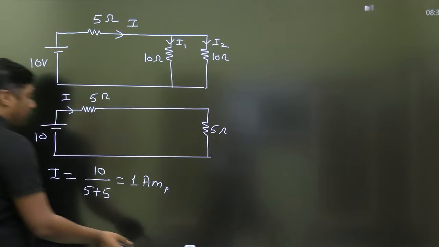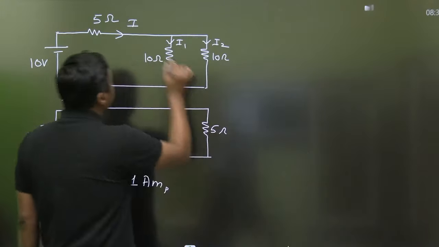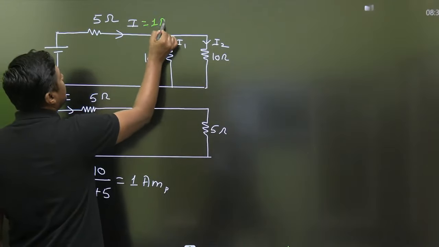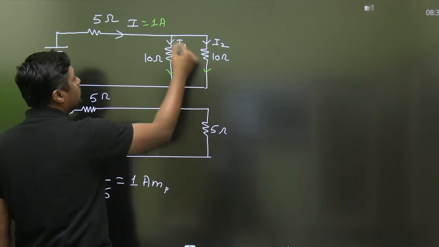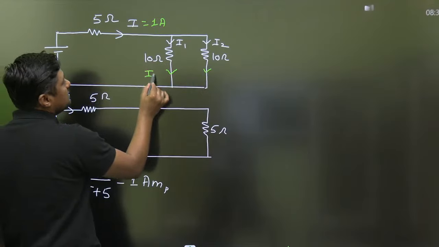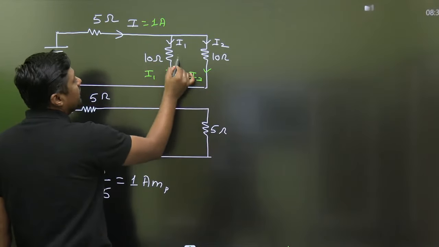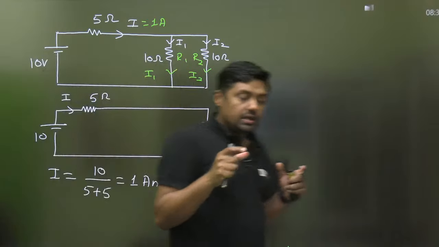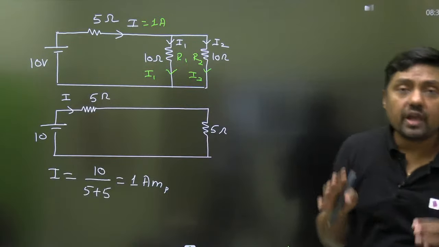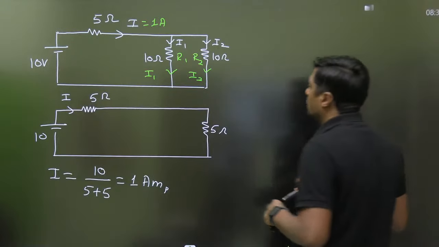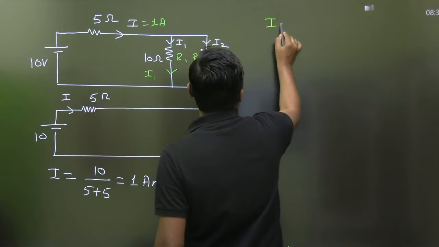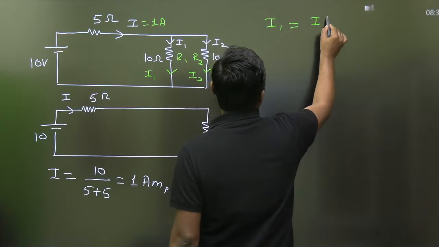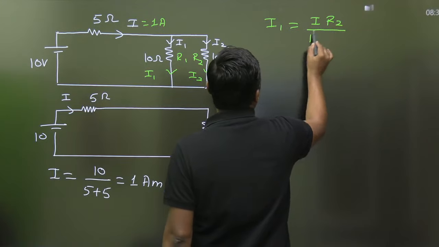Now what will happen? This 1 ampere current will divide into parallel branches. Let this be I1 and this be I2. If this is R1 and this is R2, here we have to use the current division rule. According to the current division rule, I1 is equal to I into R2 upon R1 plus R2.